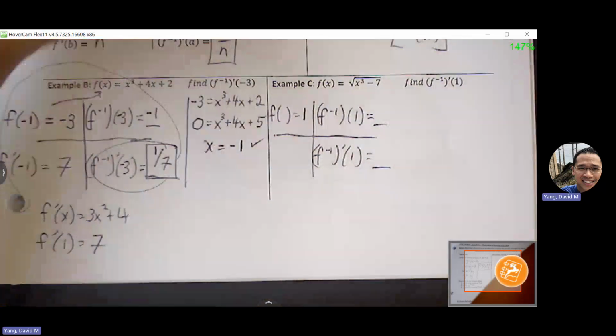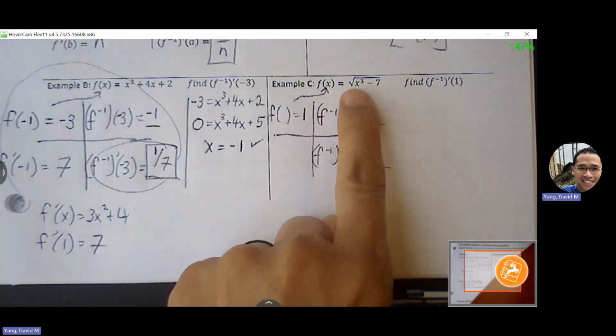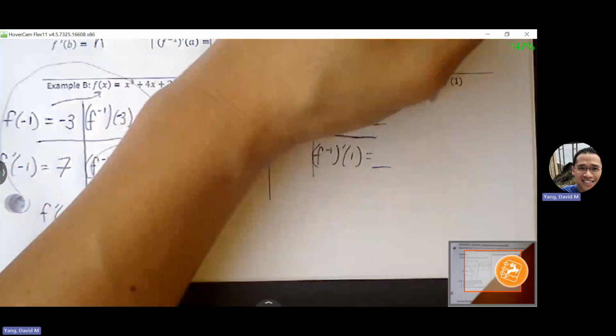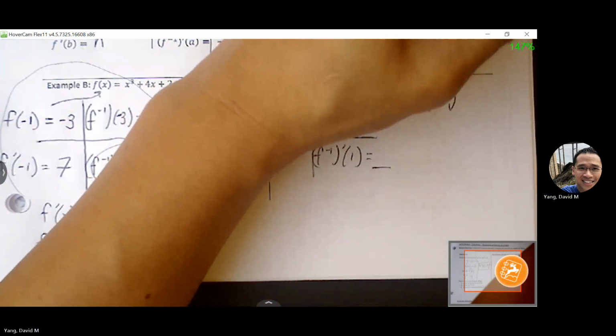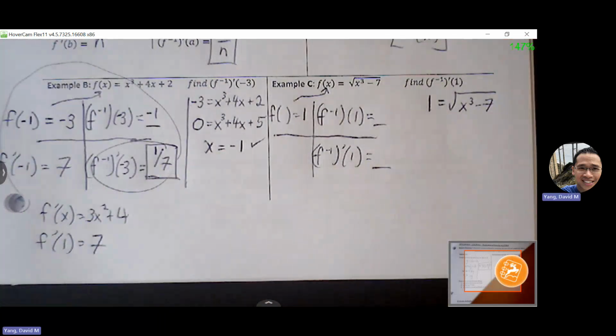So now I'm going to go to my function and see if I can figure out what the x is at that point. So plug 1 in for y, and I think we can solve this by hand. Right? Square both sides, add 7.